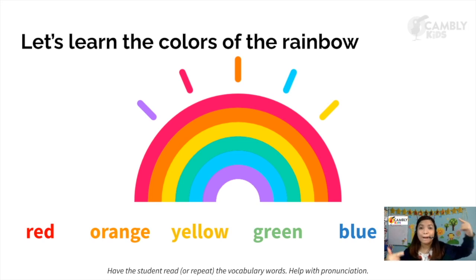Hello, my name is Teacher Rachel. So there, I start with waving. My name is Teacher Rachel. Don't forget, please, to put up a logo of Cambly Kids right here, because that will be another point for you.